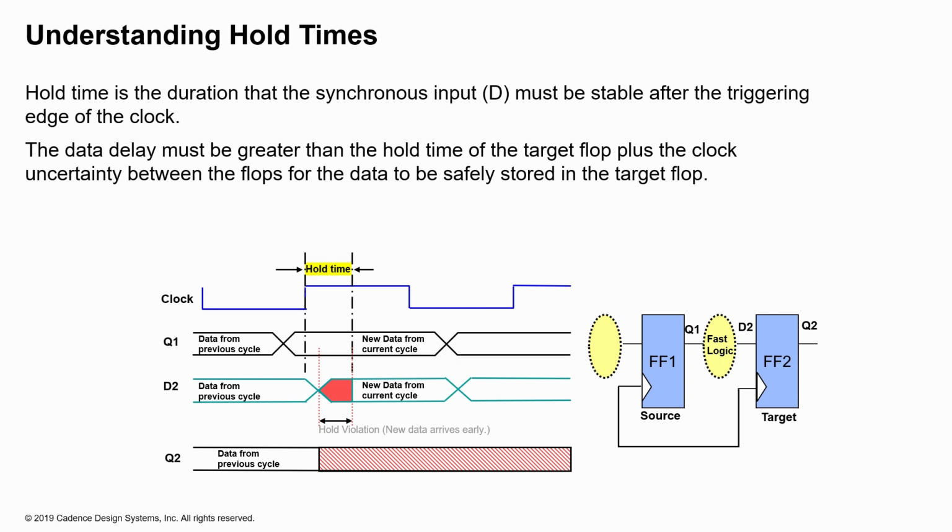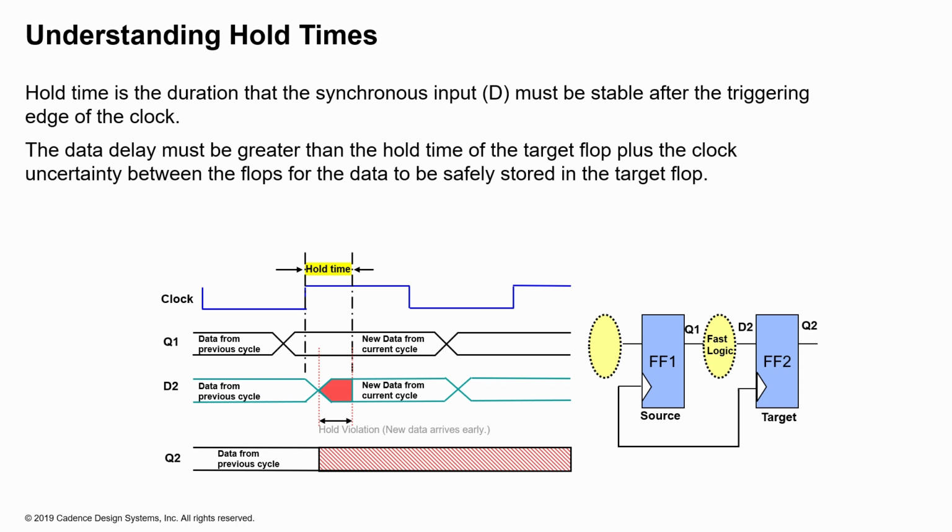One of the things people do is try to reduce the amount of skew between the clock trees by using better clock tree generation and so on. If you constrain your clock trees properly, there won't be any hold violations because that minimum data delay requirement is now met.